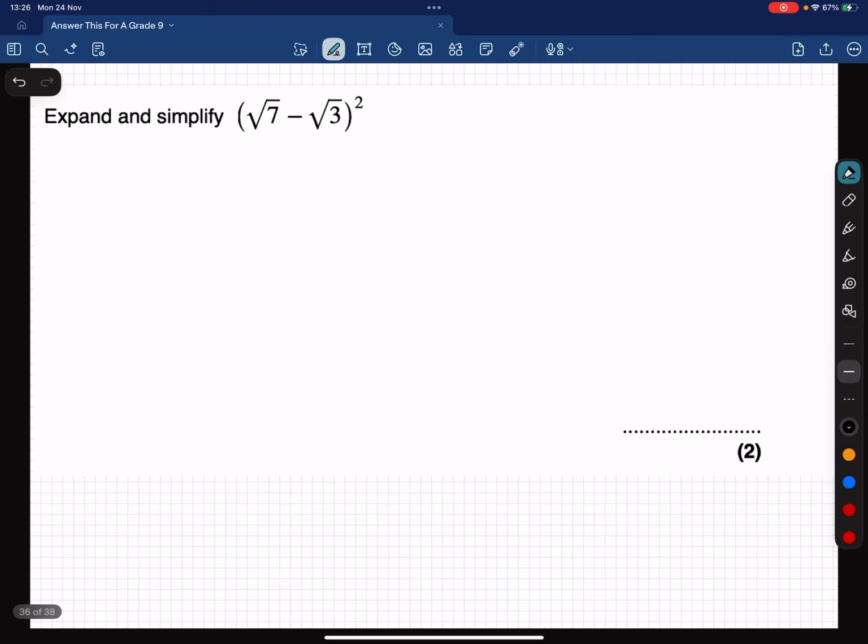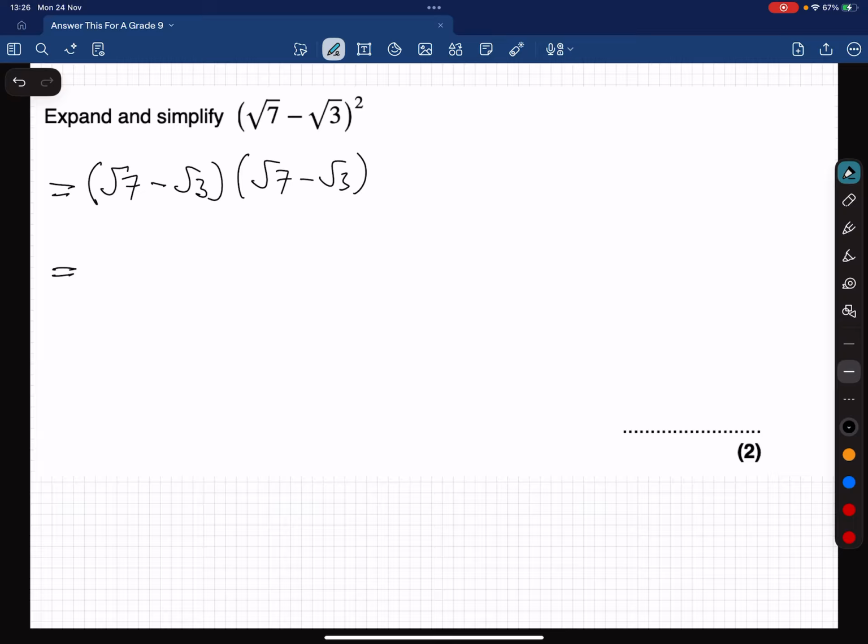So I need to expand and simplify this. Pause the video, and then once you're done, I'll go through the answer. Okay, let's go for it. So, root 7 minus root 3 all squared is equal to root 7 minus root 3 multiplied by root 7 minus root 3.